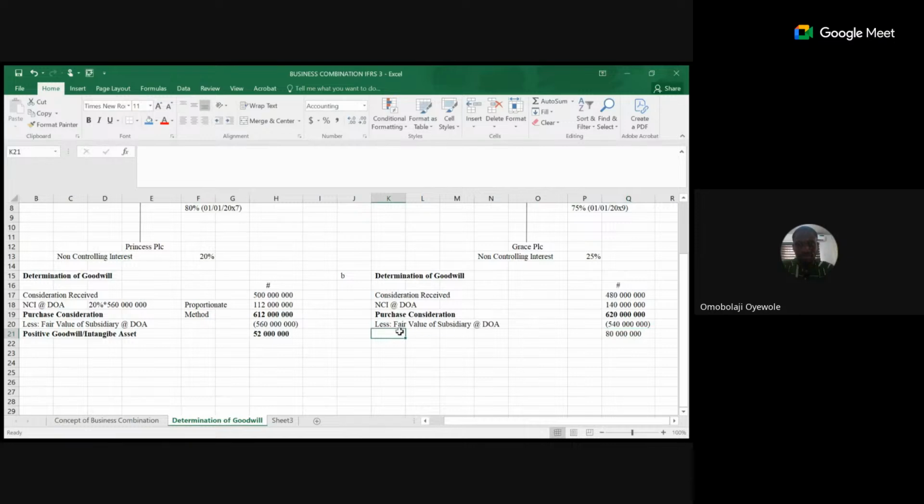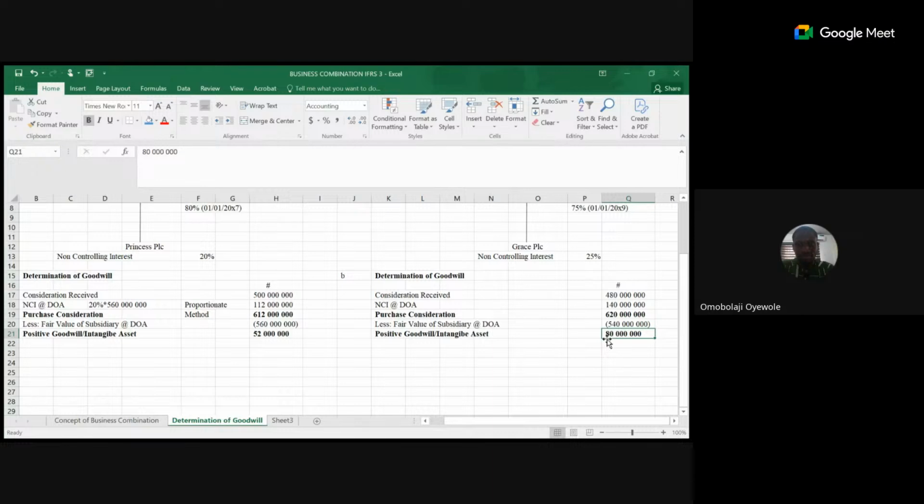So 80 million is positive, which means it is goodwill, a positive goodwill or intangible asset. This is how to calculate goodwill. Because when we start learning how to consolidate, we will always need the calculation of goodwill as part of our workings, so it's important to start by learning how to calculate it.